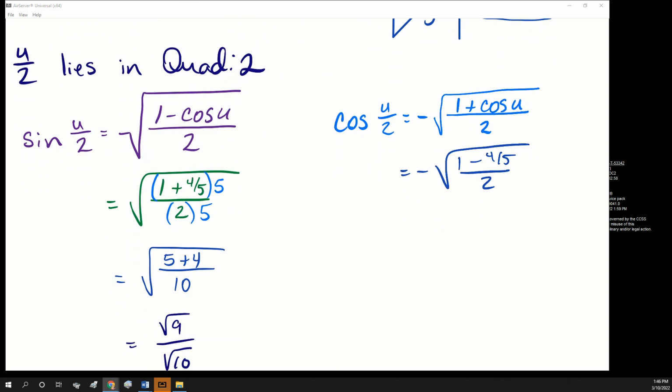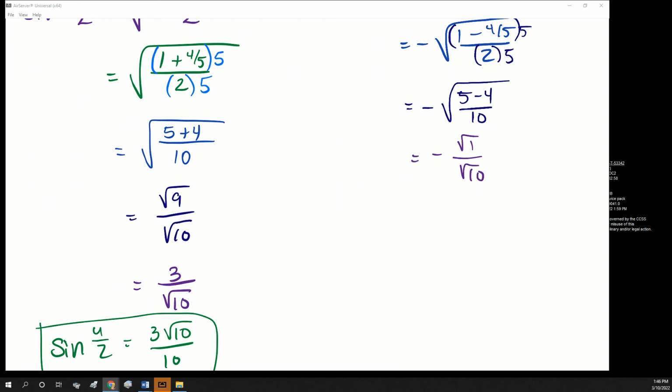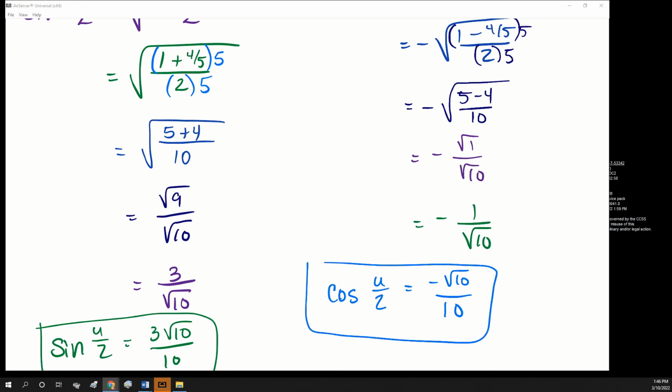All right, and then we have that same issue. We have that little fraction, so we're going to multiply by 5. And then we'll just simplify it down. So the cosine of half of u is equal to the negative square root of 10 over 10.